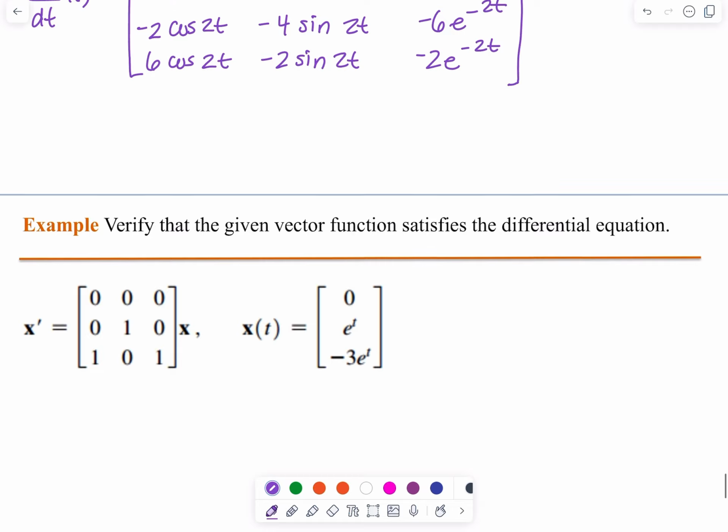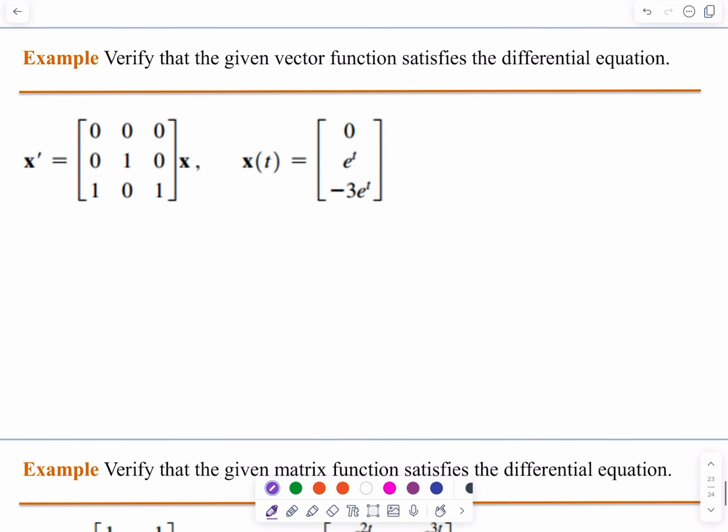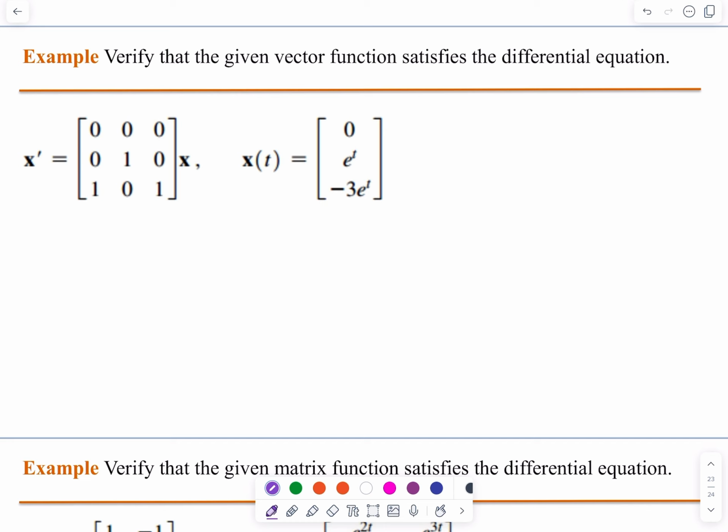Let's take a look at this next example. Let's verify that the given vector function satisfies the differential equation. You can see we have x prime is equal to this matrix multiplied by x. So differentiating x of t, you can see that we have 0, e to the t, negative 3e to the t.